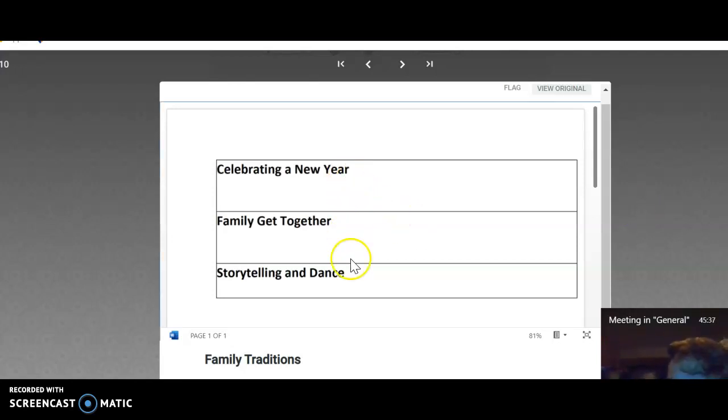You need 3 boxes. Your first box should say celebrating a new year. Your second box should say family get together. And your third box should say storytelling and dance.